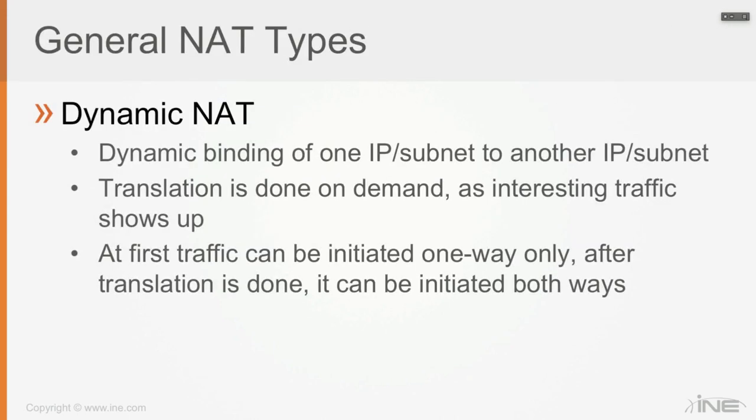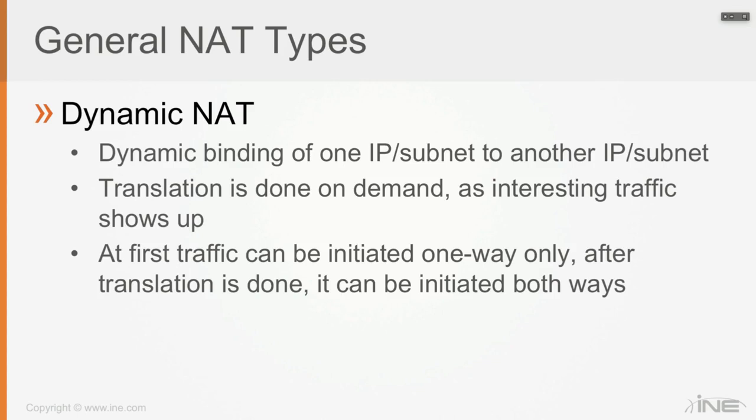Now, dynamic NAT. There's a common misconception about it, so let me tell you how it works. Dynamic NAT is a dynamic binding, not a static binding, of one IP subnet to another IP subnet. Because it's dynamically built, the translation is done on demand.